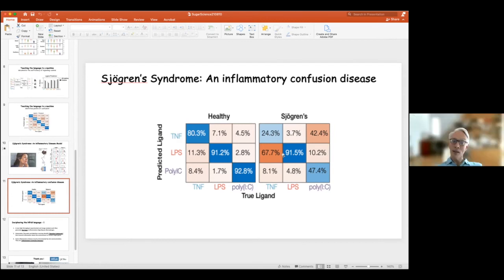So we're thinking of these types of autoinflammatory diseases now, that some of the etiology might be this kind of confusion, where maybe we can think of them as confusion diseases, where signals are confused. So that's what I want to leave with you.